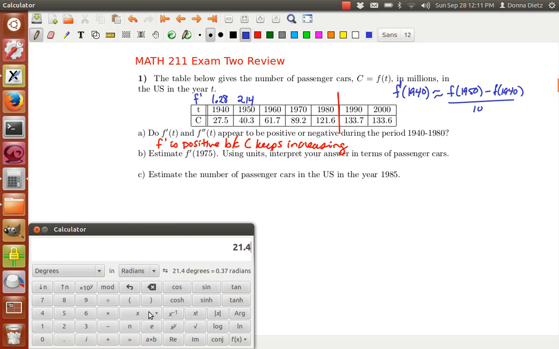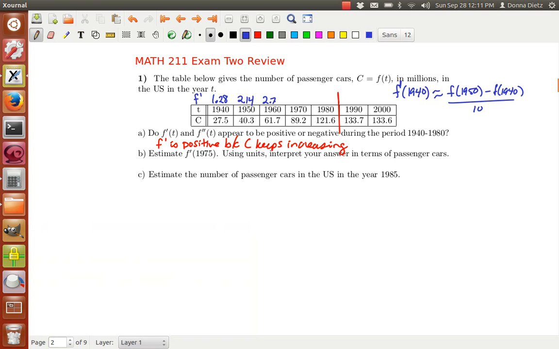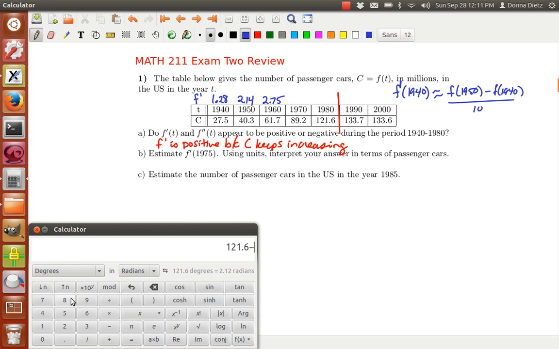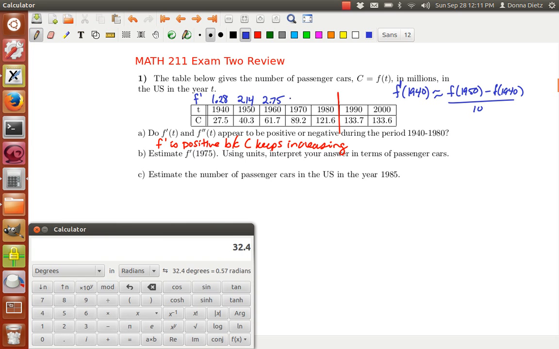Okay, and then I'm going to go 89.2 minus 61.7 and get 2.75, and then 121.6 minus 89.2, 3.24.